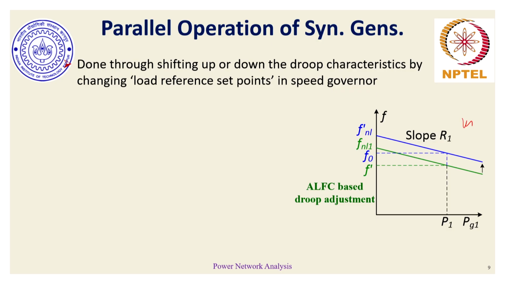By opening up or changing the load or reference or set points, the turbines or prime mover set points also change, which help in shifting up the droop speed governor droop if the load is continuously increasing, or this might also drop down if the load is going down, which helps in resetting the generator's frequency to the actual frequency.